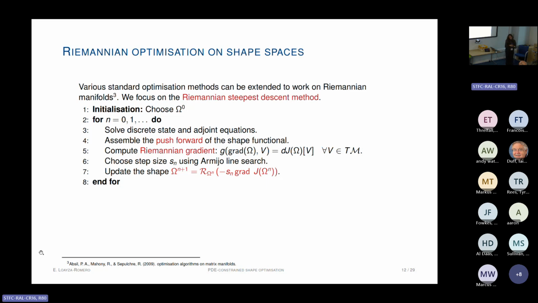There are some advantages I see about this approach, and one of them is that I have highlighted in red these two very important steps in a Riemannian gradient that you usually don't have in a function or vector space algorithm. One of these is that you can choose a Riemannian metric to compute a Riemannian gradient.